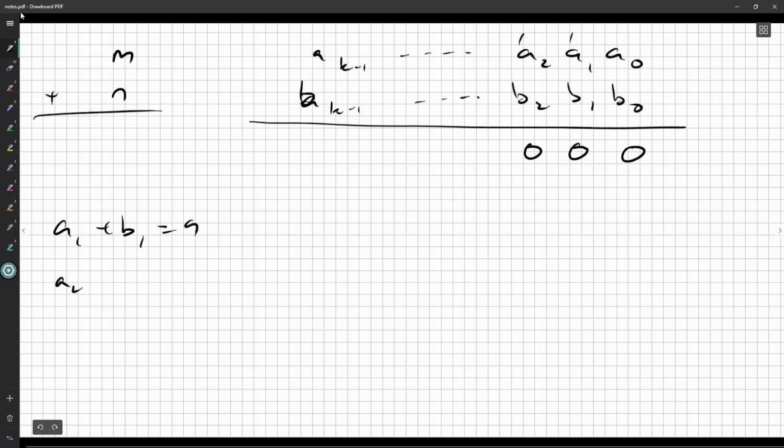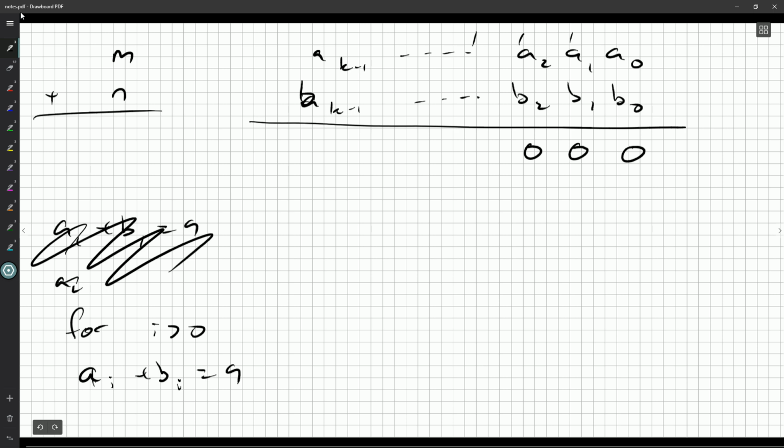And so then that's got to be 10, so you'll carry a 1. So in fact, I guess we can say for i greater than 0, Ai plus Bi must be 9. And that continues, you'll still get to carry the 1 here from that 0, and that'll be a 10. Okay.